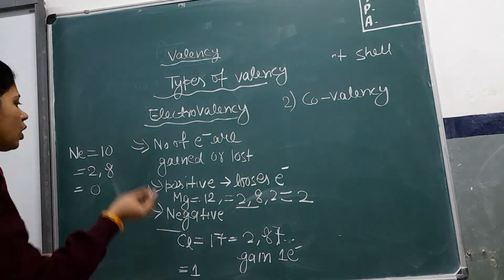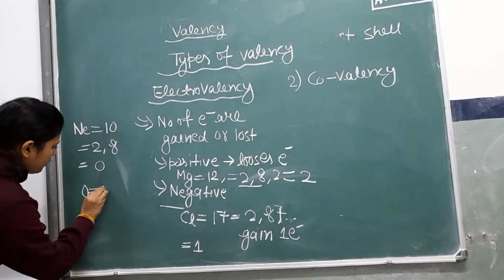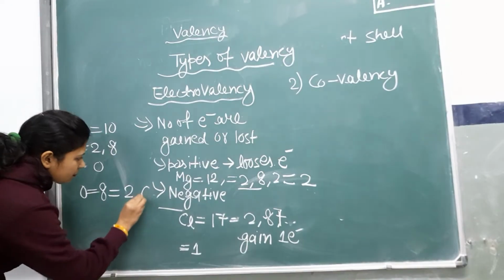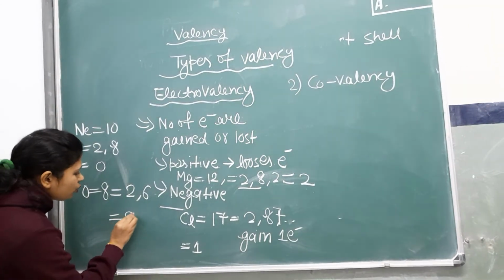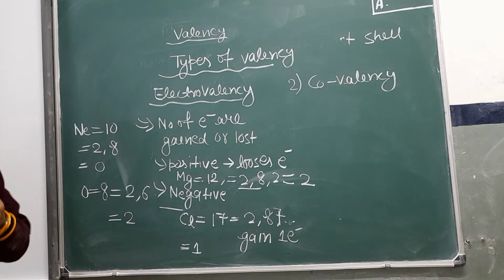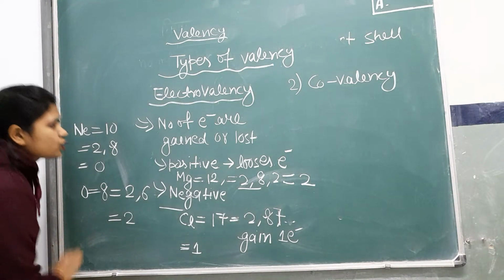Another example, oxygen. Atomic number 8, 2 and 6. It will gain 2 electrons to complete its octet. So, the negative electrovalency of oxygen is 2.